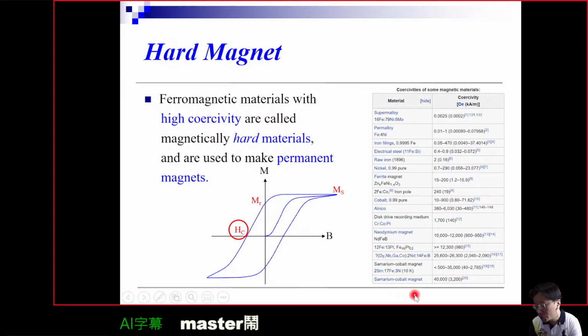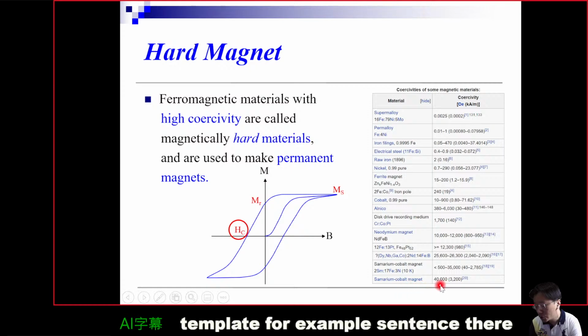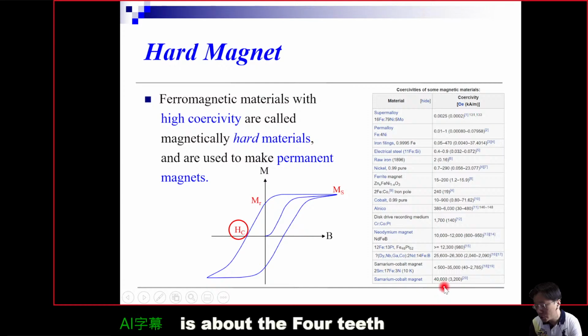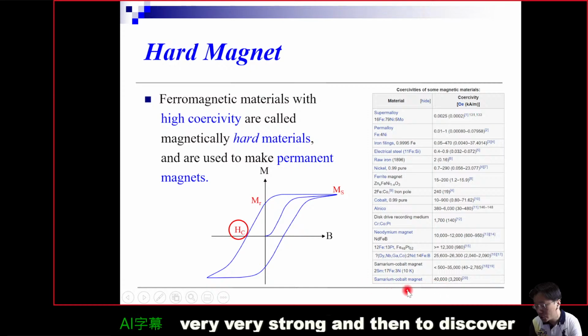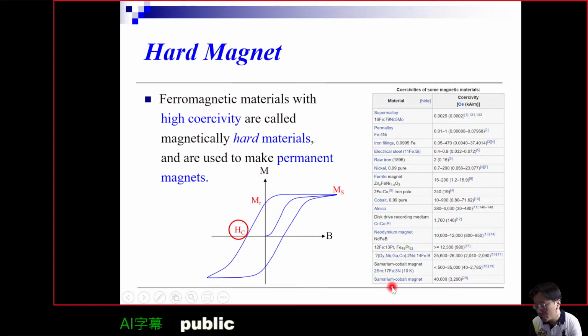And nowadays the strongest magnet that we can make and you can purchase is the samarium cobalt magnet, with a coercivity of about 40,000 Gauss. That is very, very strong, and discovering this kind of hard magnet is very important for industry, especially the motor industry.